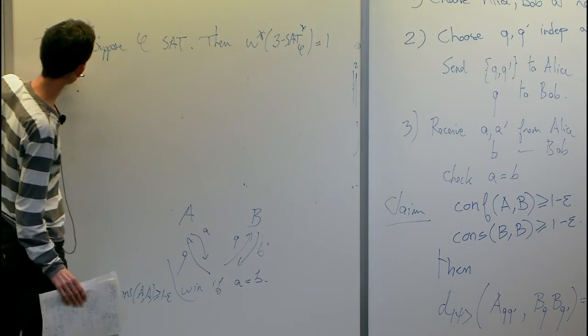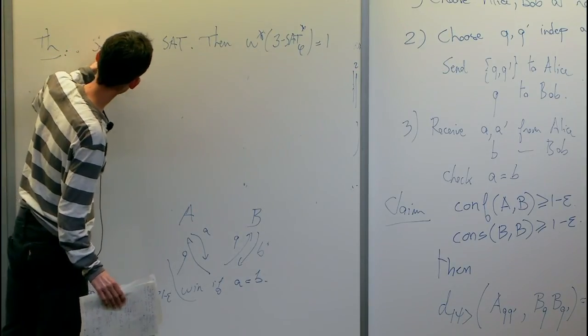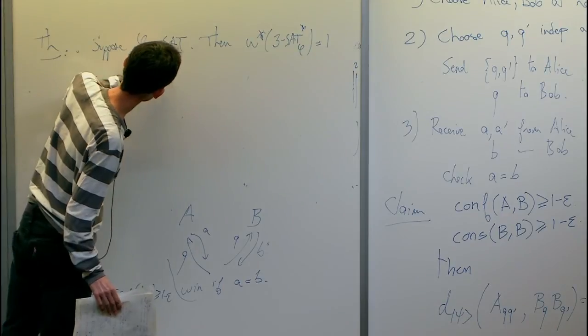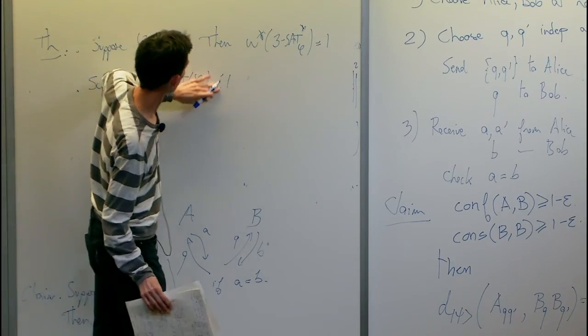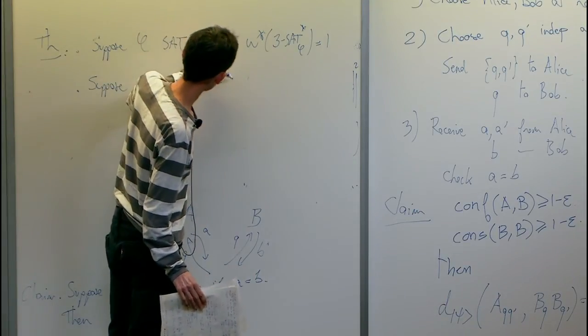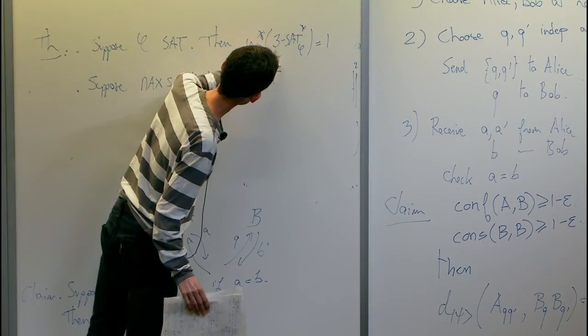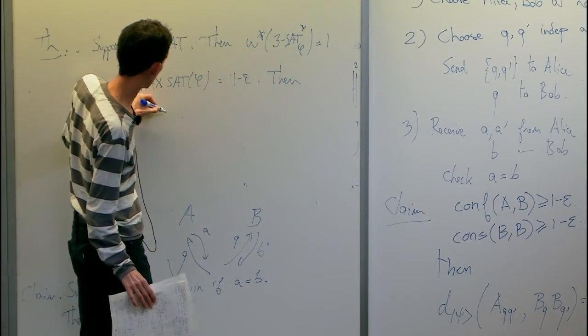And then the other part is, suppose phi is not satisfiable, let's say at most 1 minus epsilon, then the value is not 1. We don't have this magic square thing that happens anymore.